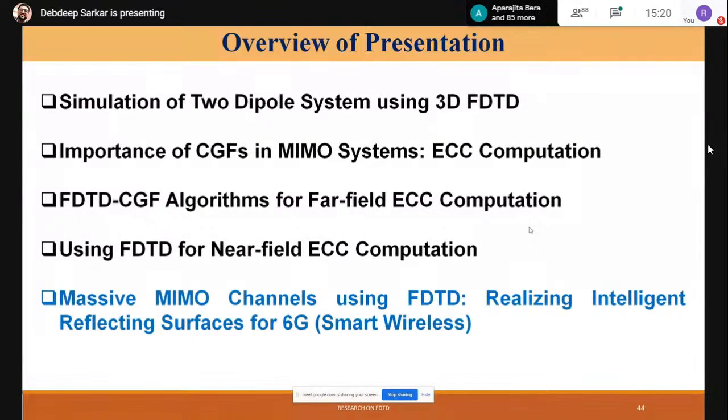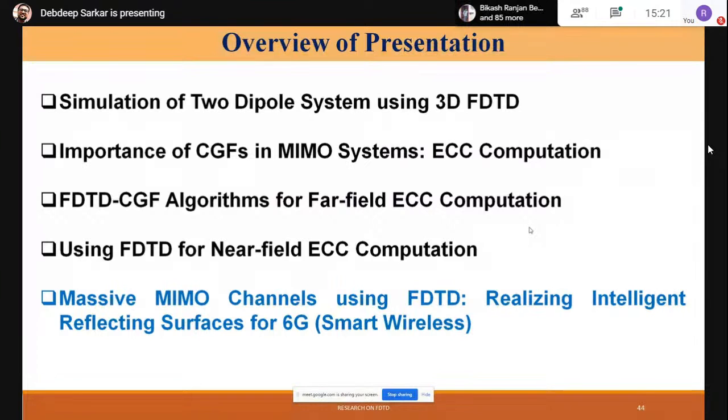Finally, a little bit on the other research directions on MIMO antenna systems that we do using FDTD. So far I have talked about the handset or access point system where multiple antennas are close by.